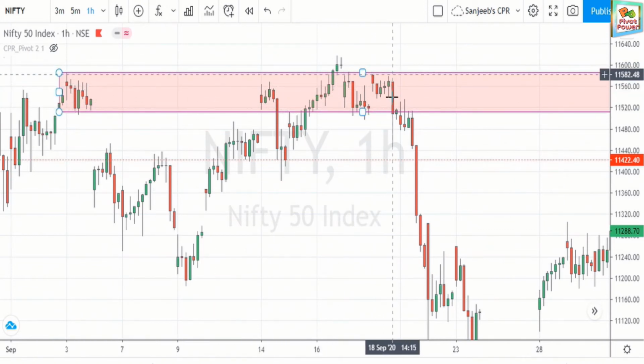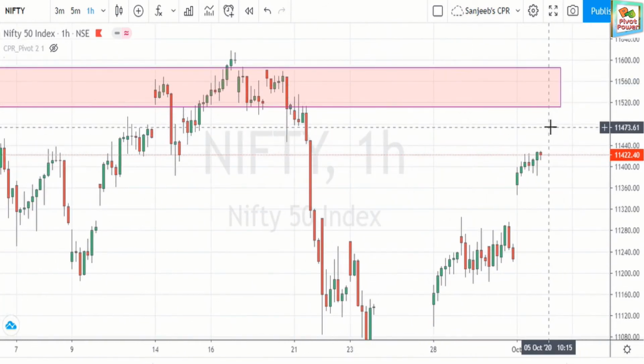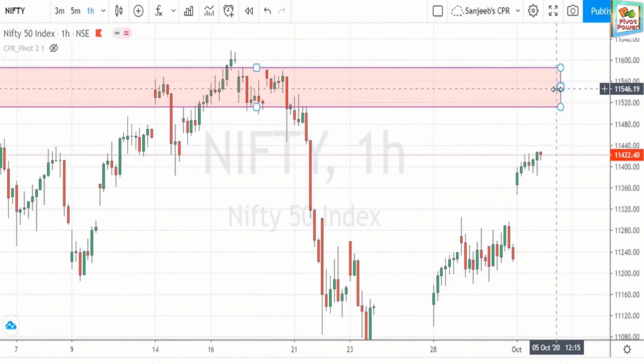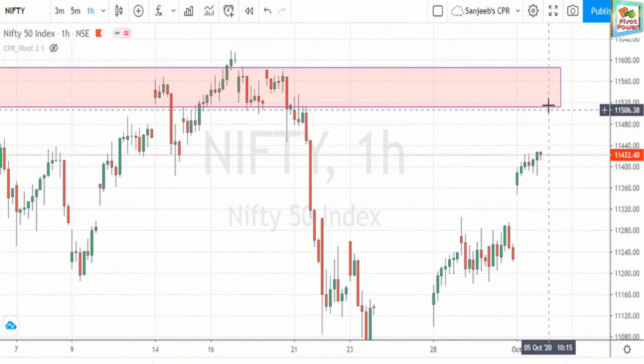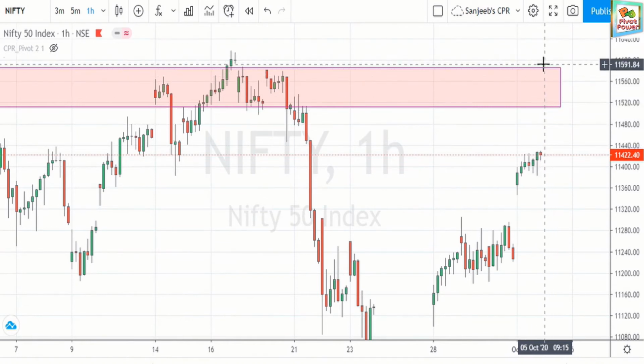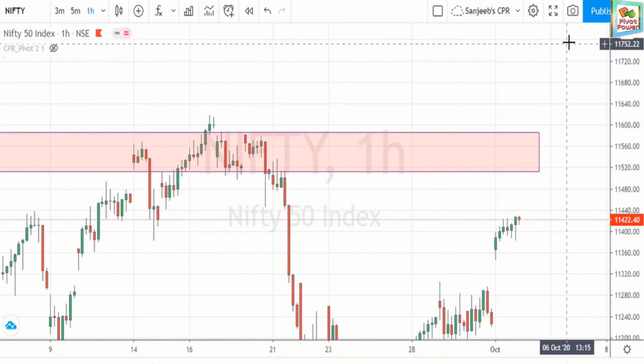In this zone, if the price comes to this level, then you don't take any buy call. You have to decide after the range is over. If the price comes above this and there is a breakout, then you can buy.